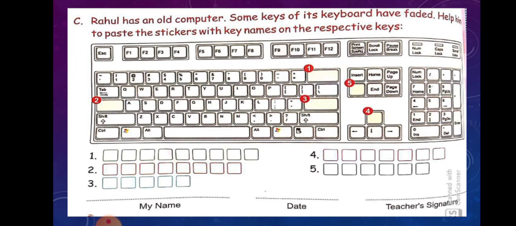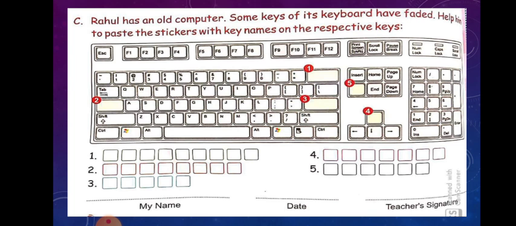Help him to paste the stickers with key names on the respective keys. So what you will have to do is help Rahul paste the correct name of the key. You have to paste the sticker. You have to tell him which key is the first one.